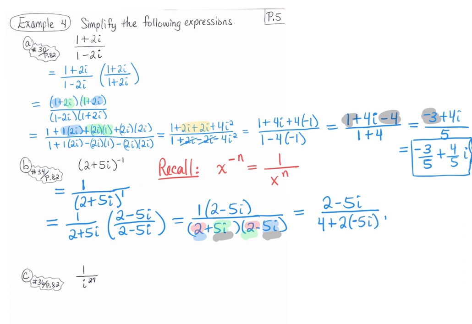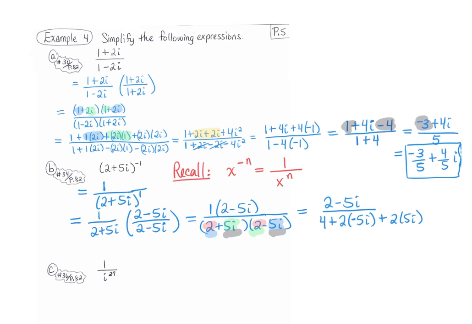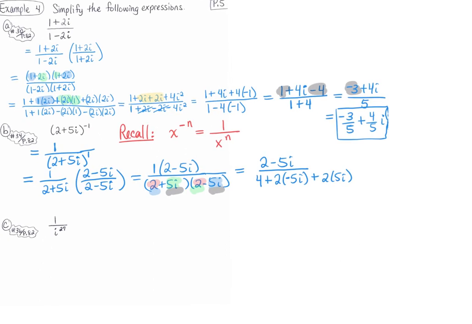Then our inside is plus 2 times 5i, good. And then plus what? 5i times negative 5i, good. Speak louder, okay?